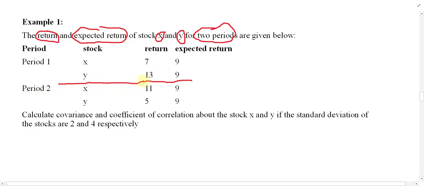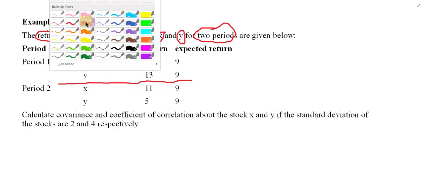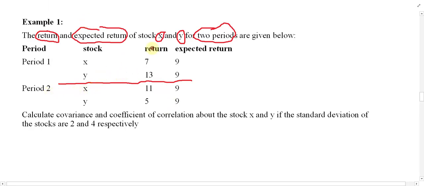In period 2, return for stock X is 13 and for stock Y is equal to 5. Expected return for period 1 for stock X is 9, for stock Y is also 9. And period 2 for stock X is 9, again for stock Y is also 9.